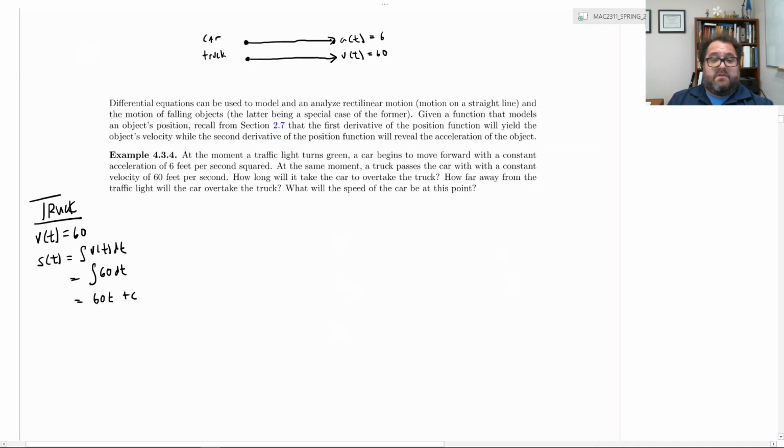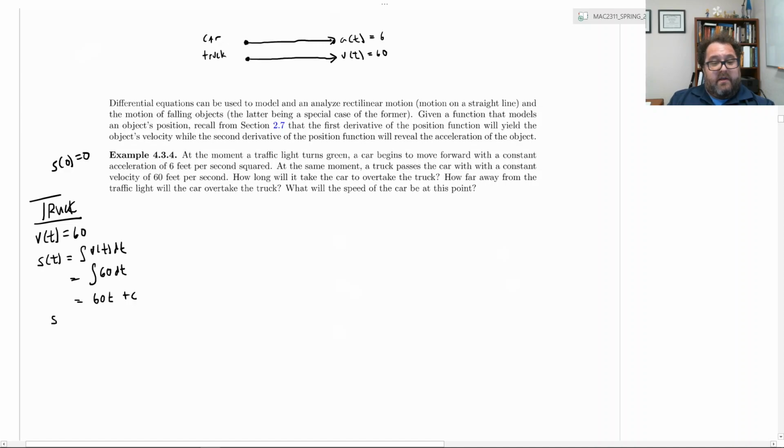C would be the initial position, but we know that we're talking about the moment the car and the truck were right at the stoplight, the same moment when the stoplight turned green. So that tells me that S of 0 equals 0. That is, the position of the truck was at the stoplight at time 0.